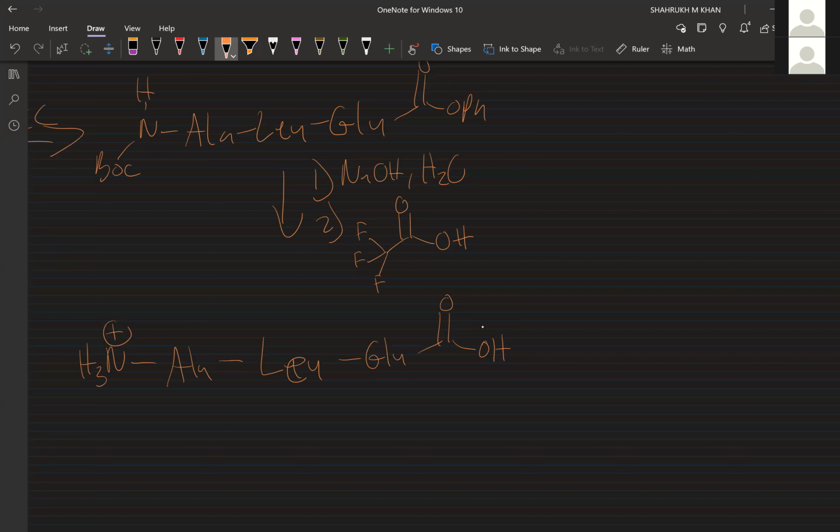But I think the main thing he's looking for is the order of the synthesis and the steps of protection, deprotection, coupling, right? And this is just kind of little extra stuff at the end, but it's why I protonated only the NH3, right? And I didn't deprotonate this because the last thing is trifluoroacetic acid, so it wouldn't make sense for this to be O-, right? But yeah, we'll end on that.